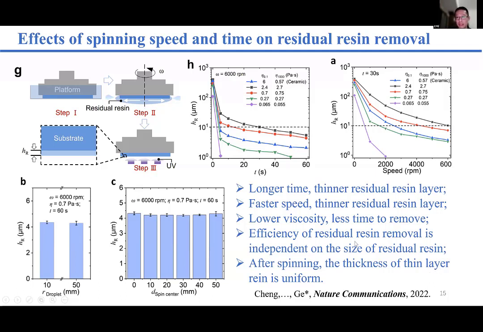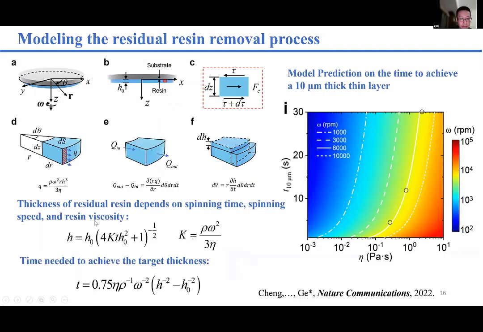Because we will print different materials with different viscosities, in order to guide us to find the right spin time and spin speed for different resin viscosities, we developed a model using fluid mechanics.